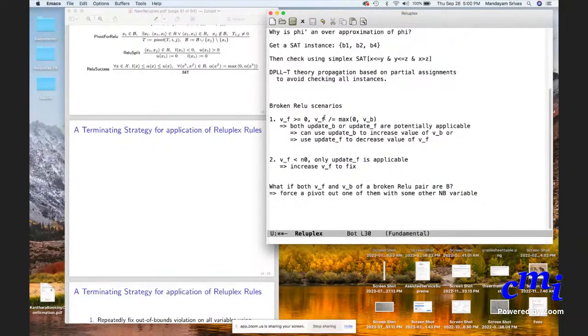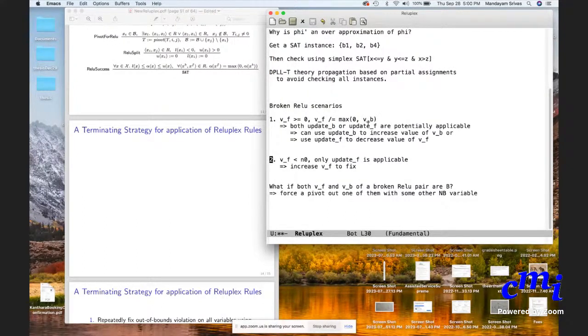So there are two kinds of scenarios possible for a ReLU pair to be broken. One corresponds to when the output is greater than or equal to 0. If the output is greater than or equal to 0, the LP on the over-approximated model assigns the output to be greater than or equal to 0, but the satisfying instance makes the input something different than max of 0 and VB.